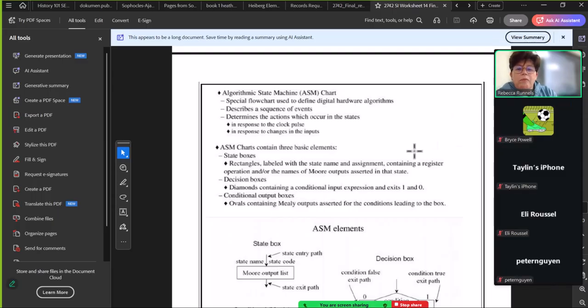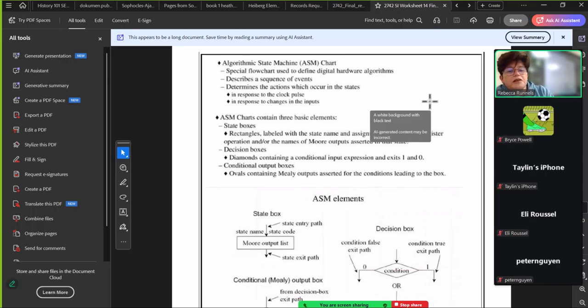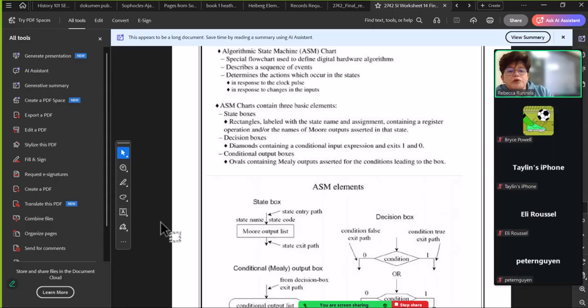Okay. So algorithm state machine, that's what ASM stands for. It's a special flowchart to define digital logic hardware algorithms. It describes the sequence of events. If you didn't make the last class of the semester, you missed this whole section. It determines the actions which occur in the states in response to the clock pulse and in response to changes in the inputs. Okay, so you have 3 basic elements.